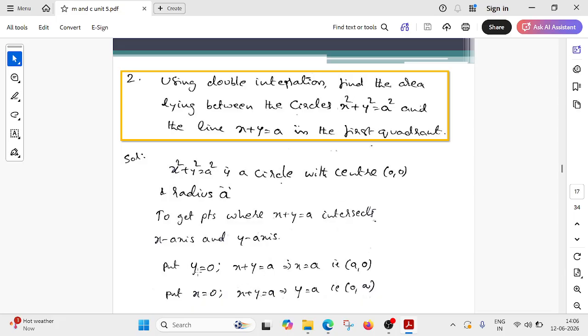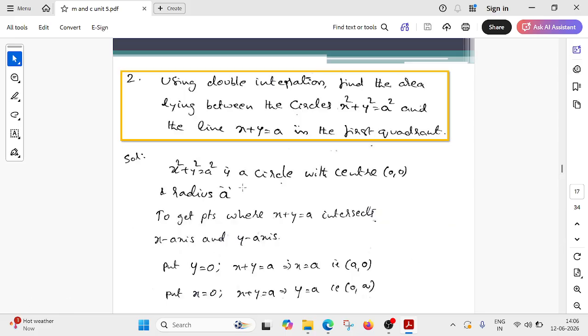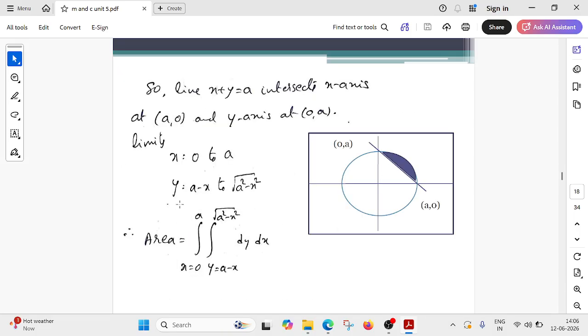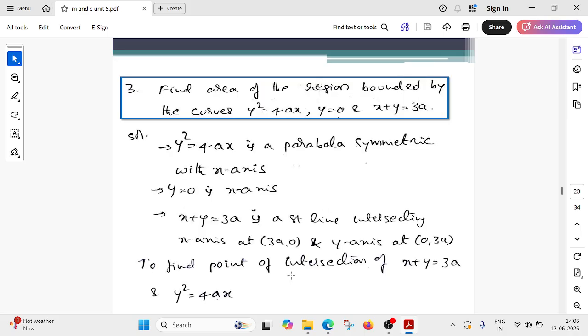You'll get the other points, x equals a and y equals a. So you got x and y limits like this, and substitute those limits in the equation using the double integral. A equals this, and with the help of dy dx you may get the answer: a square into pi minus 2 by 4 is the answer.